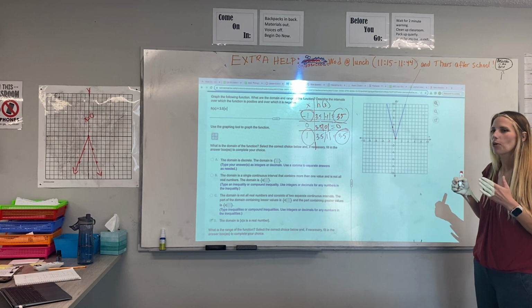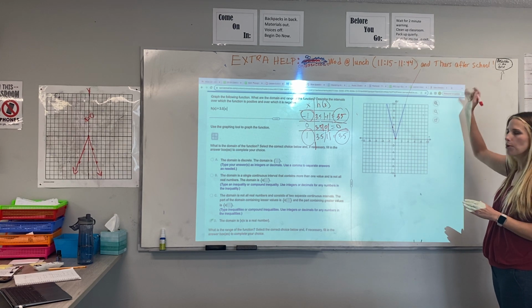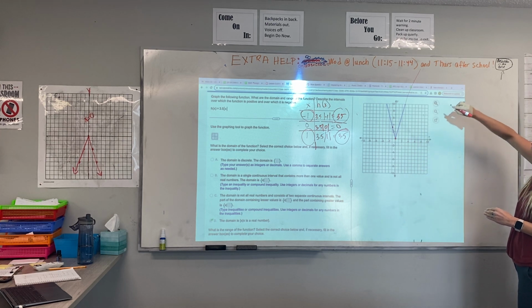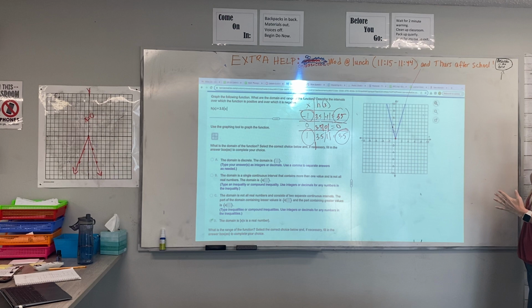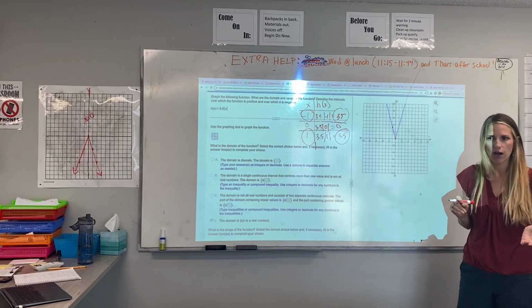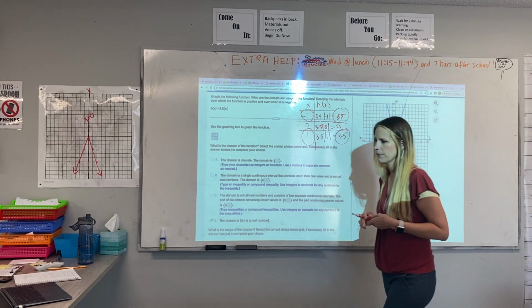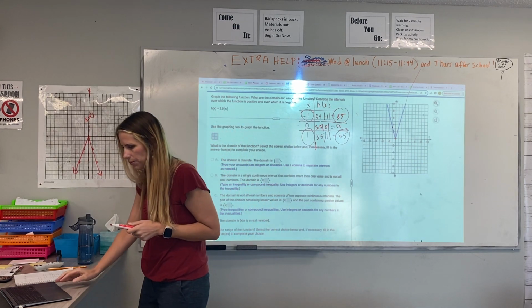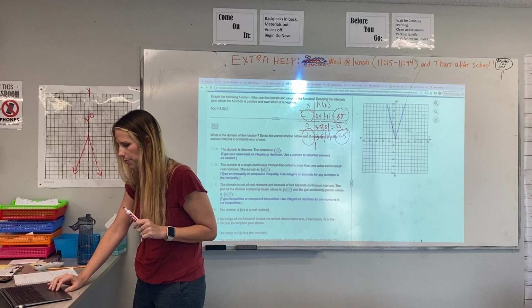Even though it looks like it's going up, it's not going straight up, it's going diagonally up. So as it continues for 1,000,000 years, is it going to hit all of the x values on the positive side? Is it going to hit all of the x values on the negative side? Yes. And it hits 0. So what do we call that? All real numbers. Or we would say x is a real number.